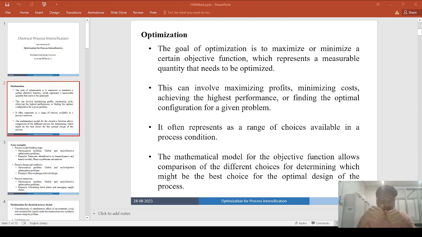This mathematical exercise, this optimization process over an objective function, would give you the best conditions to operate your plant such that it is running in an optimal mode. That is the advantage, or the result, of the optimization calculation.